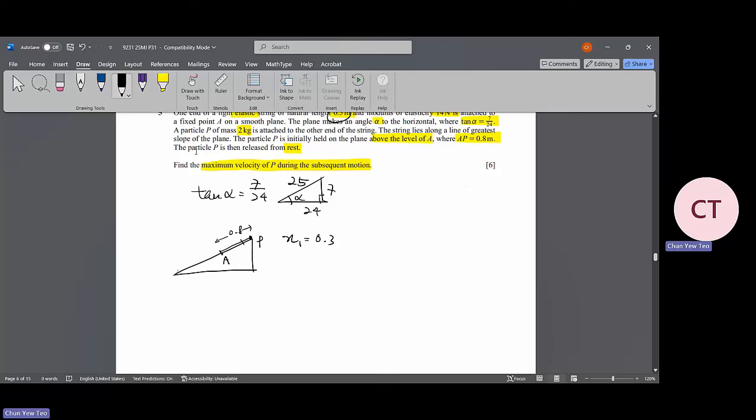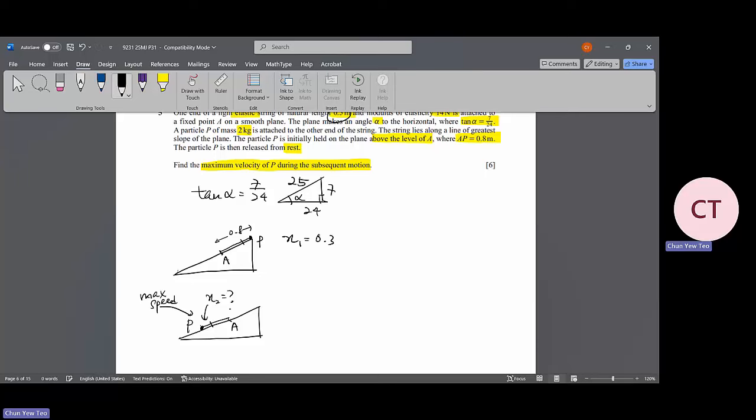Then after release, the particle will slide down, and because it's a smooth inclined plane, when P is released, P will go down, pass through A, and then reach some point over here in order to get the maximum speed. At this maximum speed, there is an extension over here, which is x2.